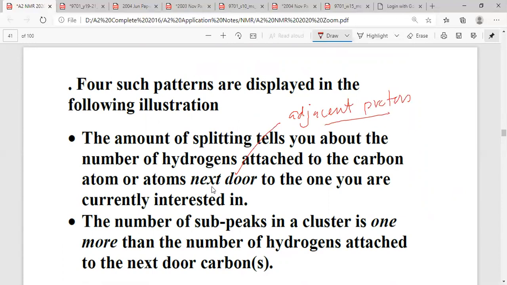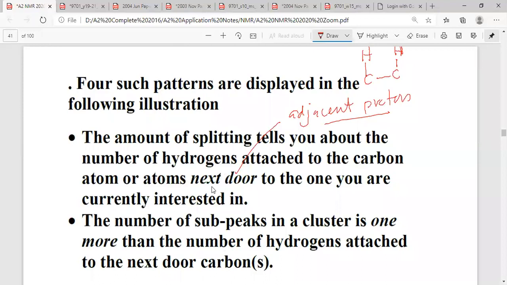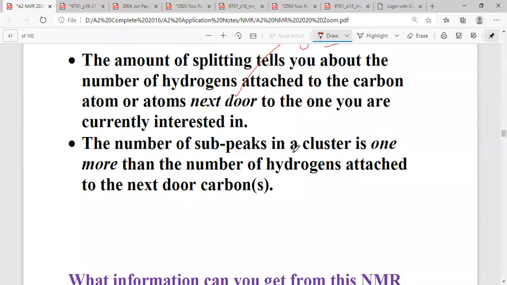Remember, adjacent means the carbon has 3 covalent bonds to hydrogen: 1, 2, and 3. That means this one here will affect this one here. They call it subpeaks or clusters.